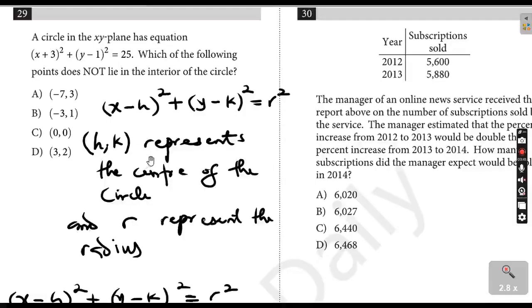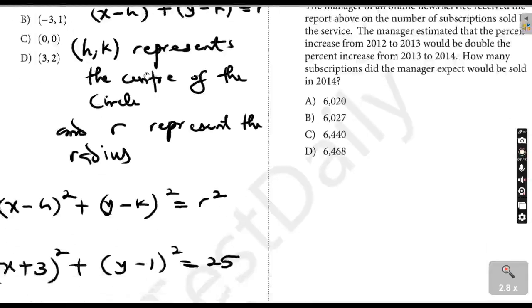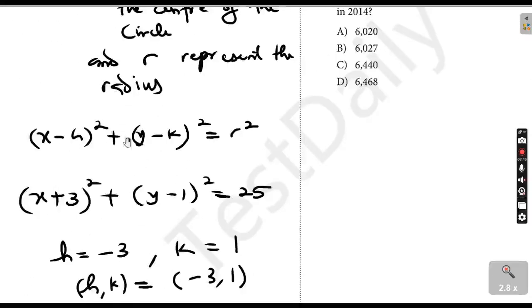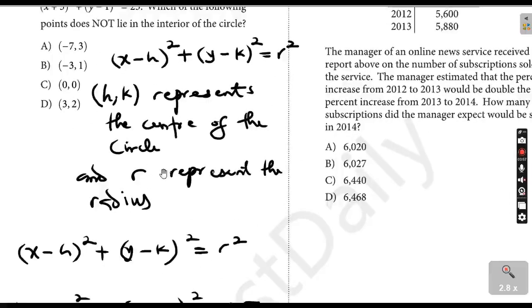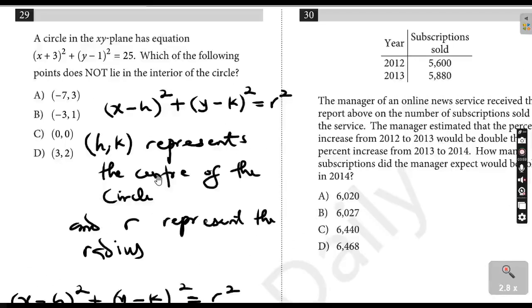A point lies in the interior of a circle if the distance from the center to the point is less than the radius. So if this whole left hand side is less than the radius, then we know it lies in the interior. But if it is greater than the radius, we know that it does not lie in the interior of the circle.